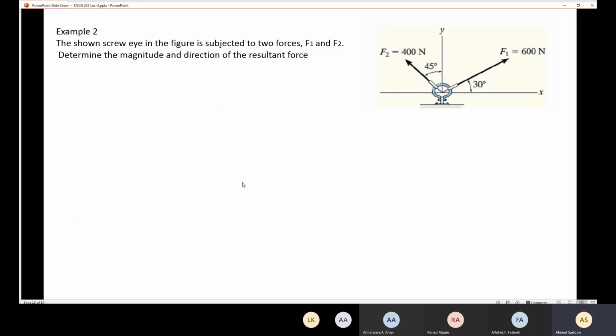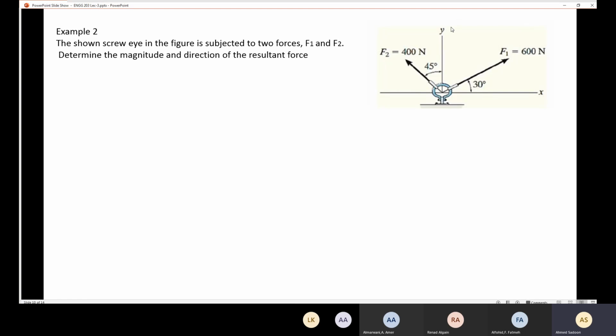To finish the lecture, we have a screw eye like this one, and it's subjected to two forces. We have F1 and we have F2. F1 equals 600 Newton and F2 equals 400 Newton. And he gave us the angle here and the angle there. We need to determine the magnitude and the direction of the resultant force.